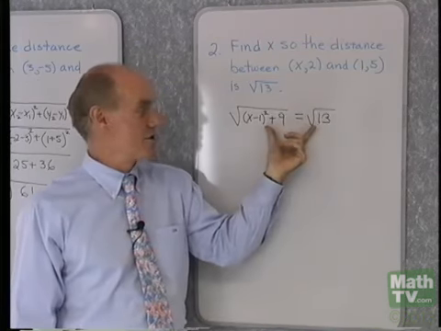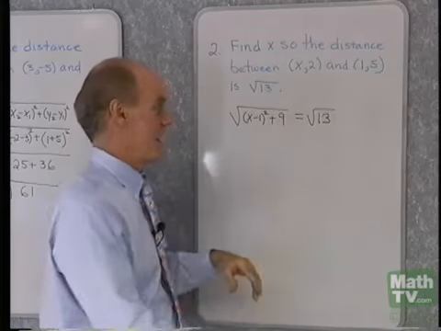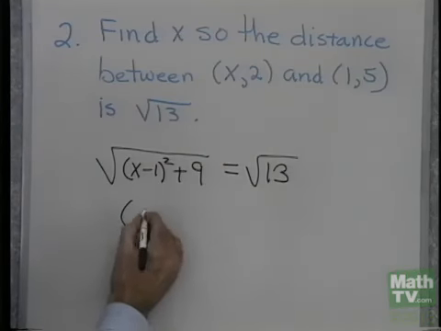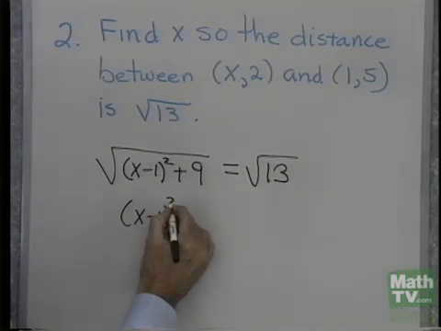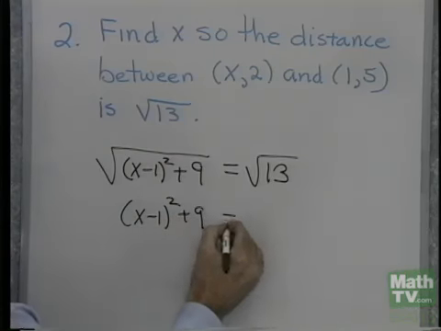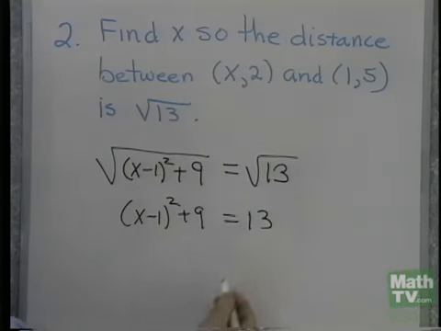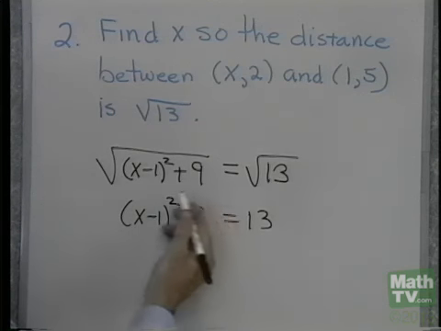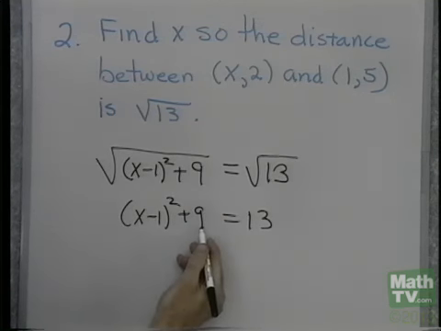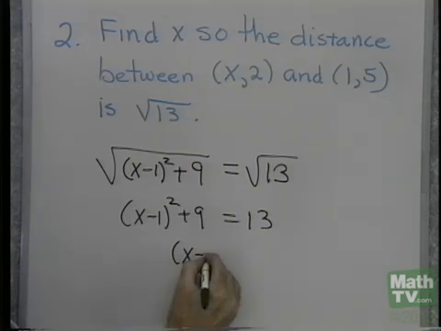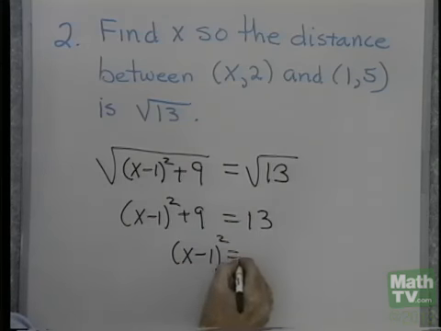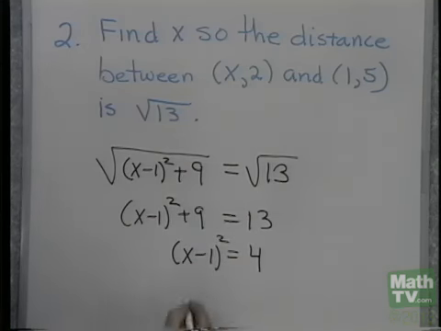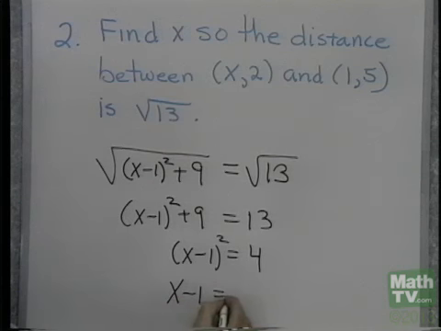Now let's see if we can solve this equation. I'll do that by squaring both sides. If I square both sides of the equation, I get (x minus 1) quantity squared, plus 9 is equal to 13. Now there's a lot of ways I could solve this equation. Let's just add negative 9 to both sides. I have (x minus 1) squared is equal to 4. That means that x minus 1 is plus or minus 2.